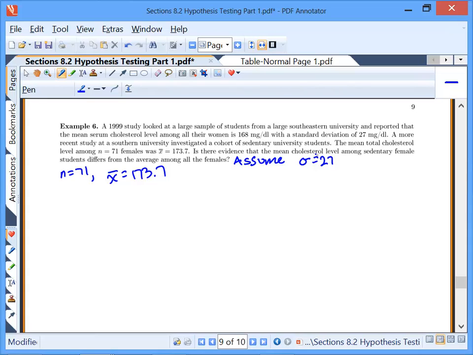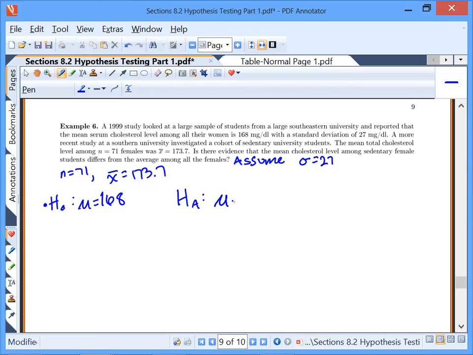Okay, so is there evidence that the mean cholesterol level among our sedentary female students differs from the average among all the females? What was the average for all the females there? The average for all the females was 168. So the status quo, or nothing interesting, would be that the mean for the sedentary females is still 168.